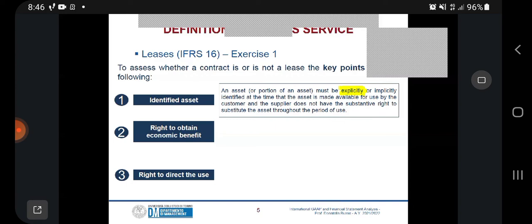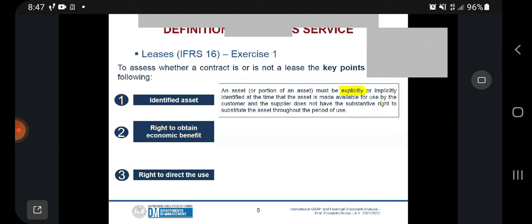Think about a lease on a building or a flat. Of course, in the contract there is written exactly where the building is, which is the flat that you can use through the contract, with all the characteristics.